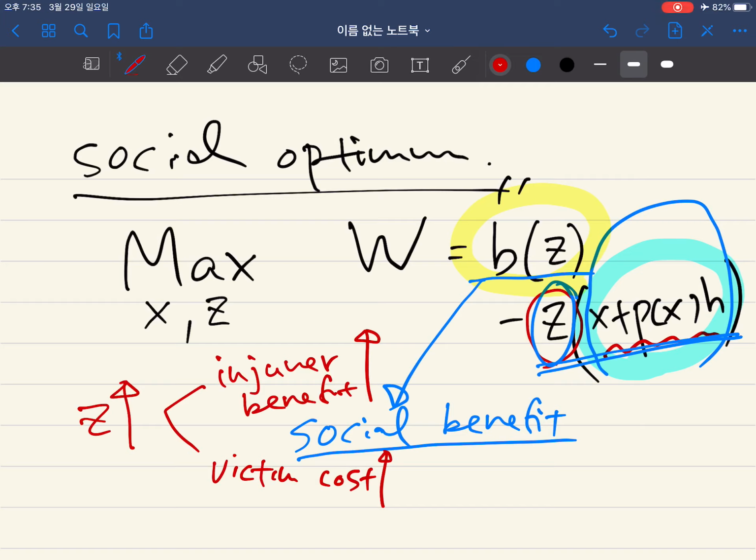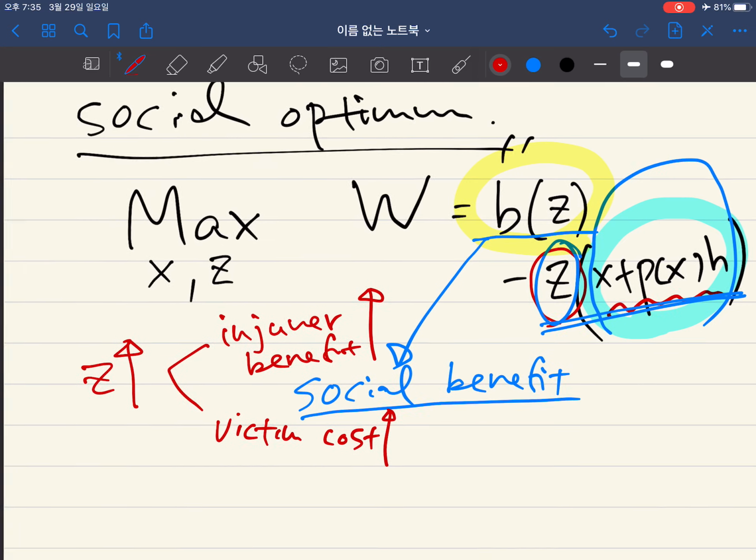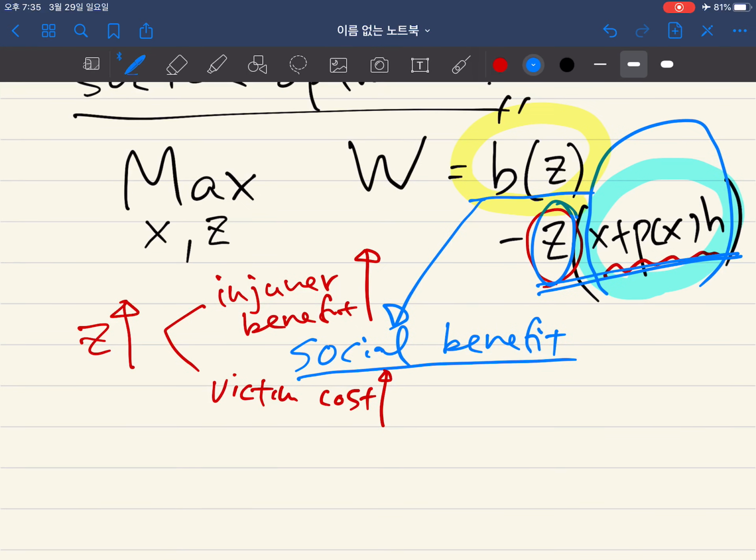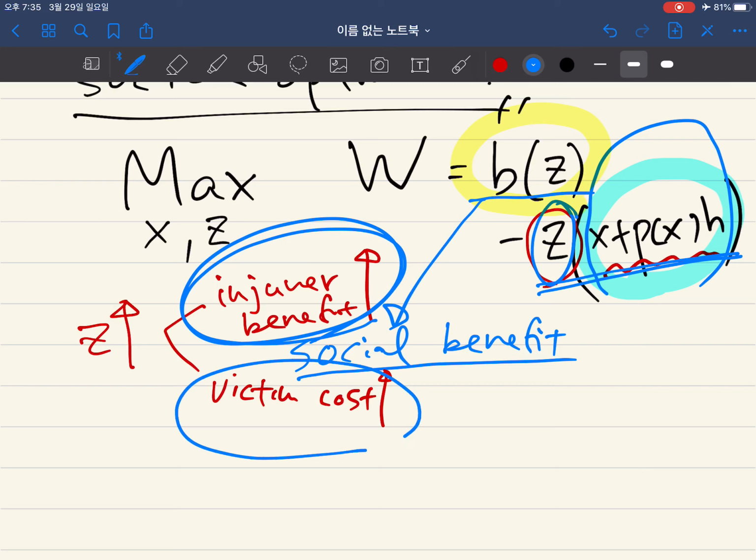So eventually, it is going to increase social cost. Again, there is a trade-off going on here. If you increase Z, so the activity level is increasing, it is good in the sense that social benefit is increasing, but at the same time, it is bad in the sense that social cost is also increasing. So what should we do? We have to find the perfect balance between these two effects.